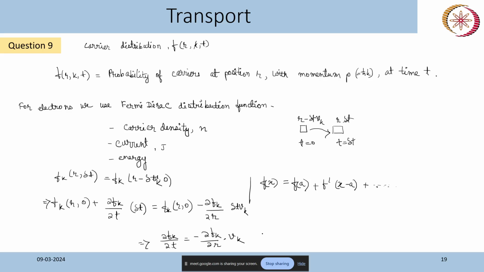Among these options, for this expression, this is basically the diffusion induced evolution of f_k, right?